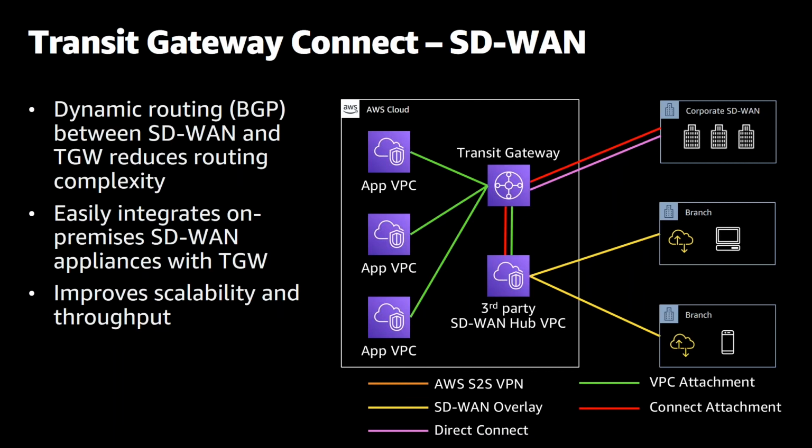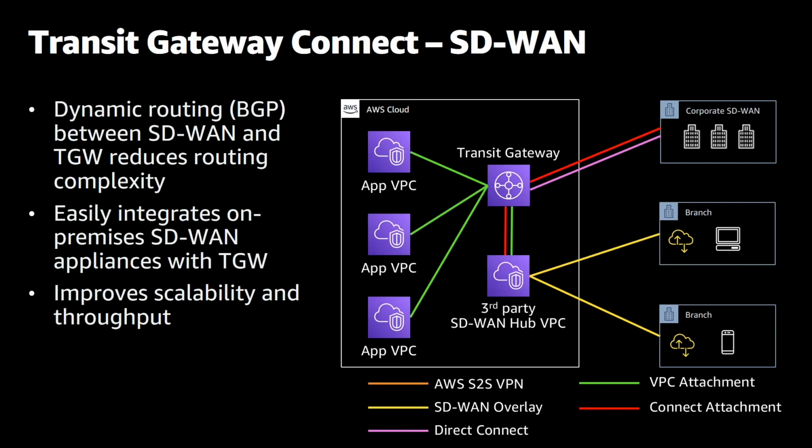You put your SD-WAN appliances in the cloud, and then those appliances will have a BGP relationship over GRE with the transit gateway.